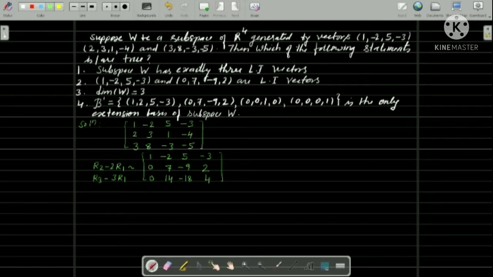Now we divide the third row by 2, so 1 by 2 into R3.